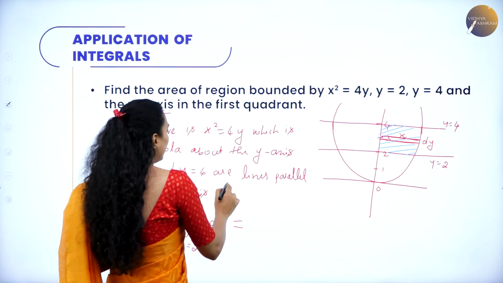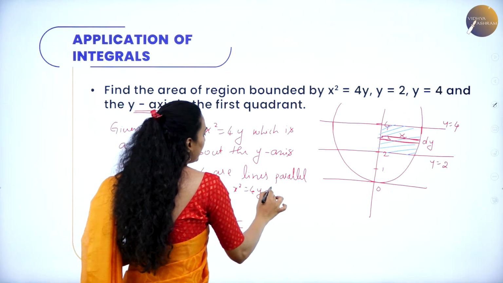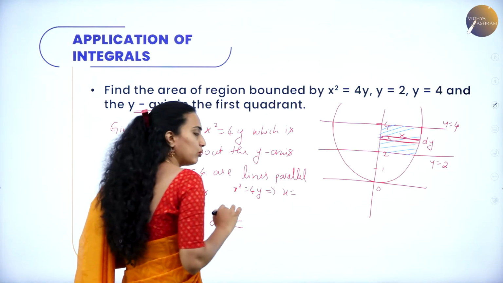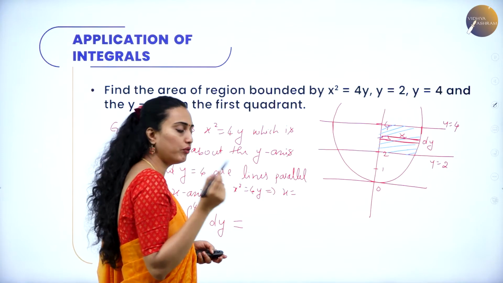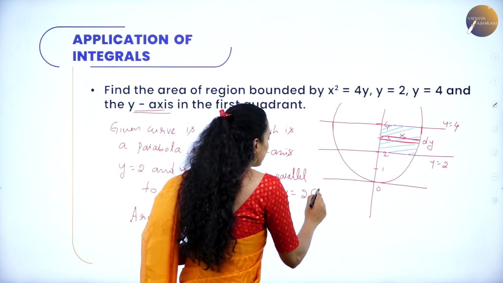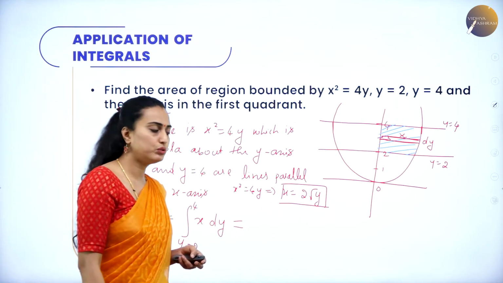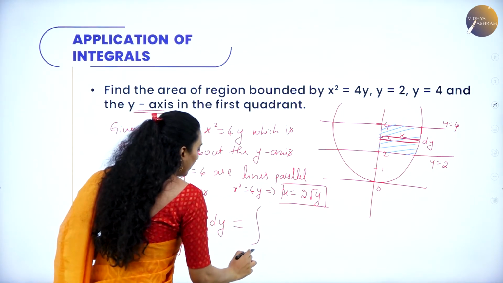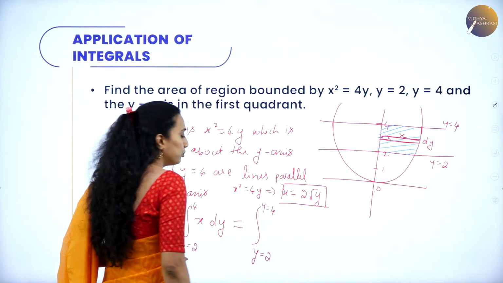So they have given here x squared is equal to 4y, which implies that x is equal to under the root 4, which is 2, under the root 4 into root y. So x is equal to 2 root y. You can replace here. Y will be varying from 2 to 4.